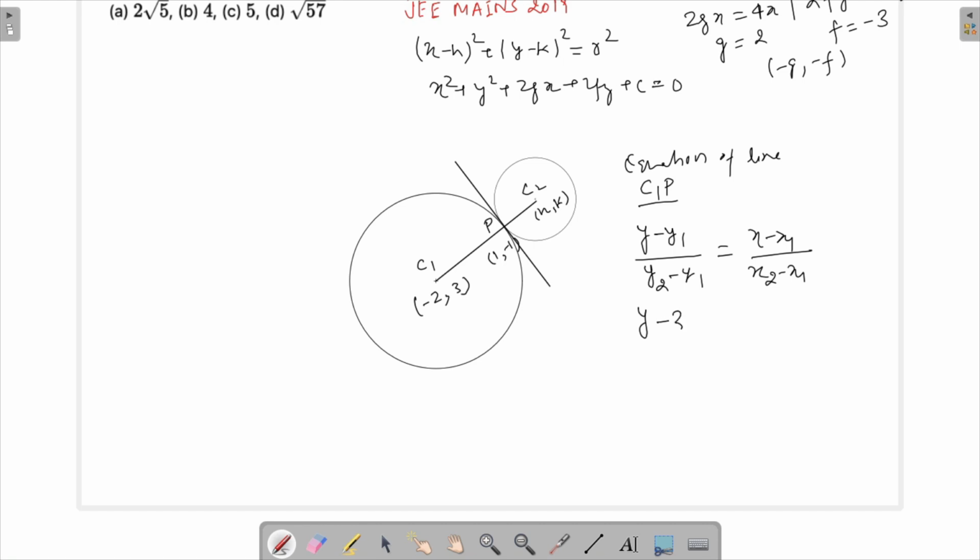So y minus y1 is y minus 3, upon y2 minus y1, which is 3 plus 1, equals x minus x1, which is x plus 2, divided by x2 minus x1, which is minus 2 minus 1. So this would give me y minus 3 upon 4 equals x plus 2 upon minus 3.